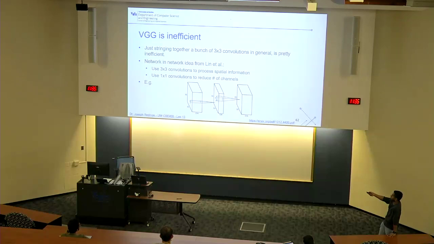You're now computing channel-wise rather than spatially within each channel. That reduces the number of channels. So it went down from 256 to 128 over here, which means there are fewer 3x3 convolutions that need to be computed.